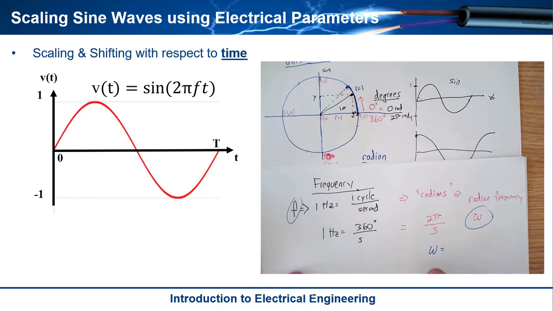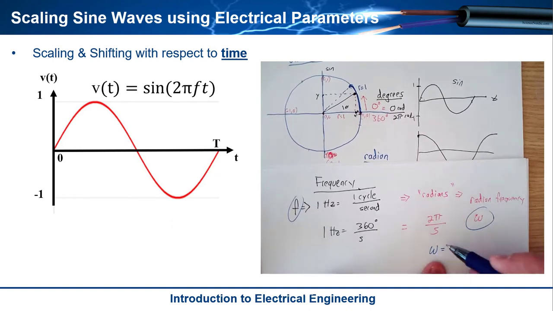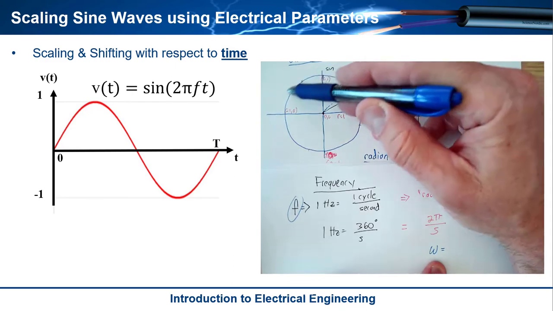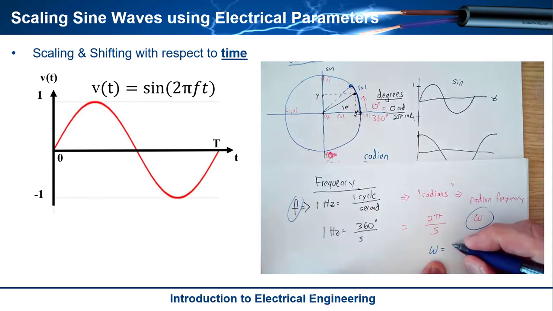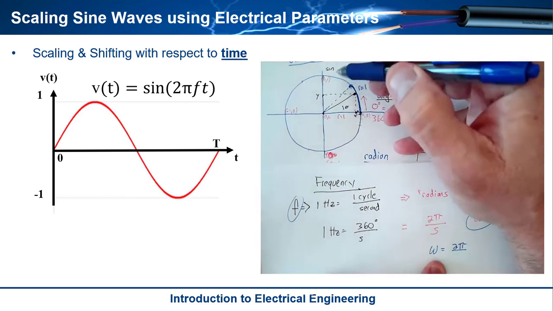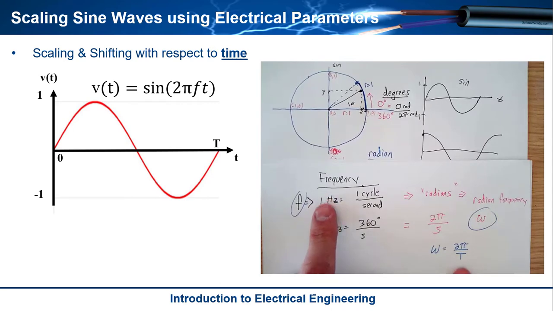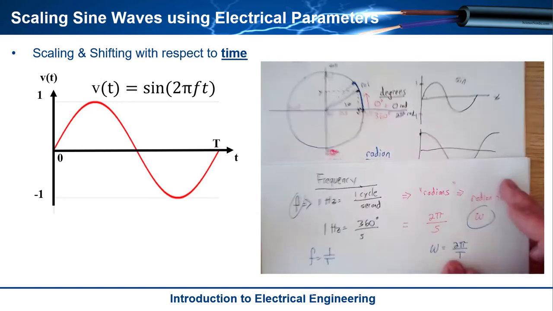Well, if we try to relate this, basically what you'd say is in radians, if I wanted to convert this into something I care about, like a period, I would complete 2 pi worth of angle, all the way around here, in 1 period. So that's how I can relate these two things together. Frequency in hertz is equal to 1/T. So that's how I can put this into something such as time. Well, time is time, right?